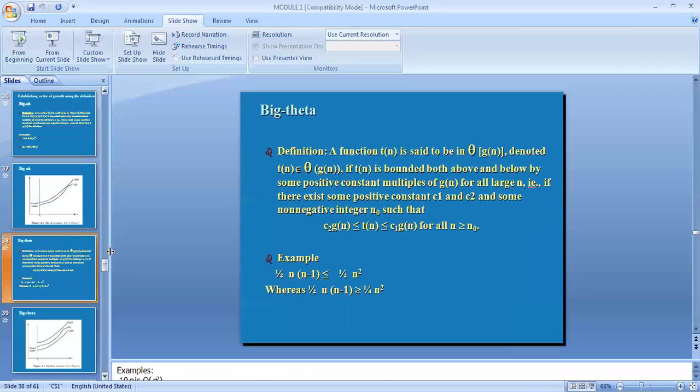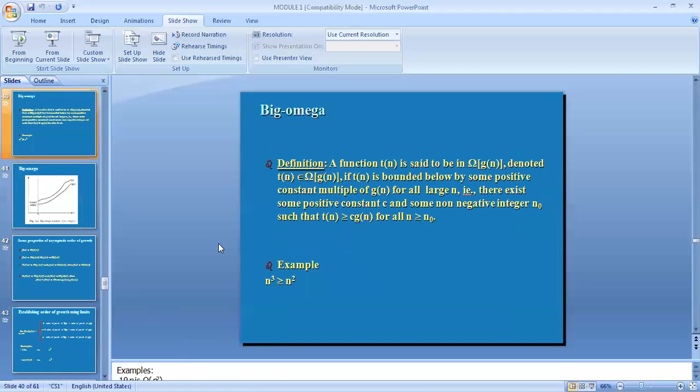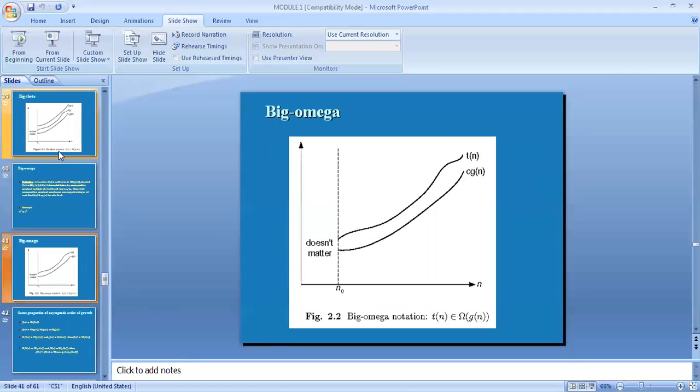If there exist some positive constants C1 and C2 and some non-negative integer n naught, say that half n into n minus 1 is less than or equal to half n squared, whereas half n into n minus 1 is greater than or equal to 1 by 4 into n squared. So the corresponding curve is drawn like this.